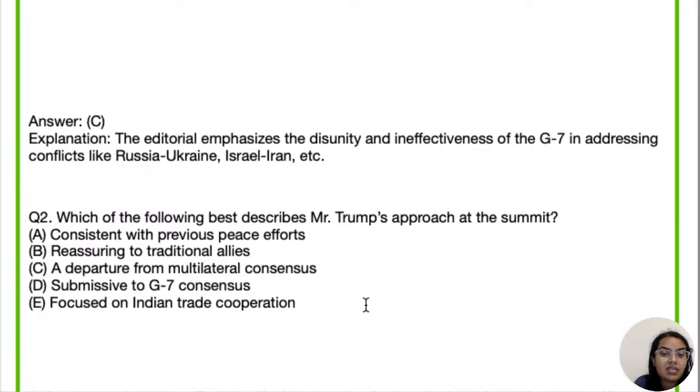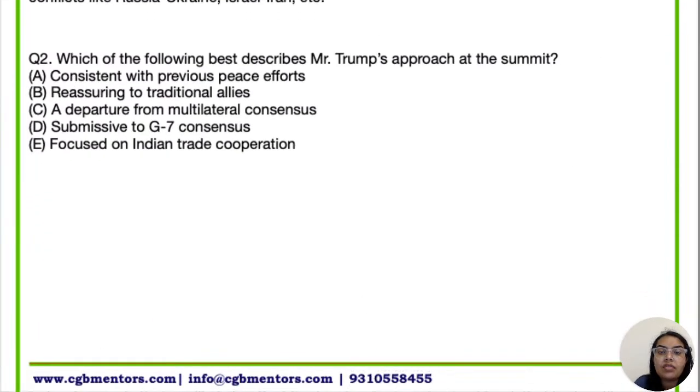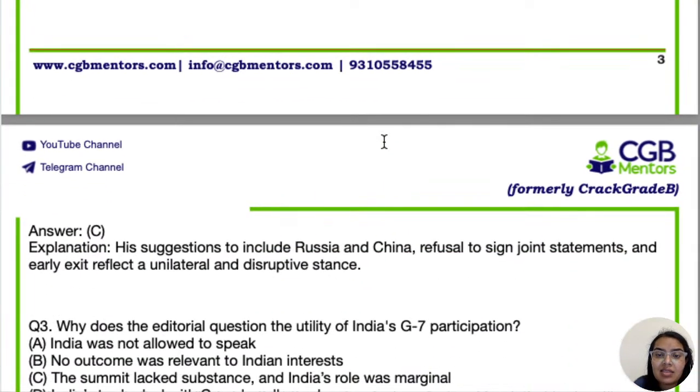Okay. The second answer is C again. Which of the things best describes Mr. Trump's approach? A departure from multilateral consensus, because unilateral हमने देखा है कि वो जो अपना मनमानी कर रहे हैं, so hence is the answer.